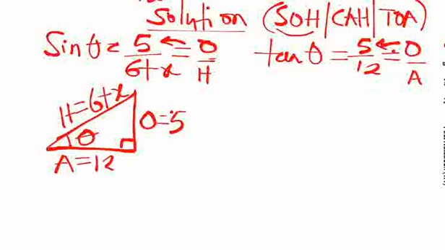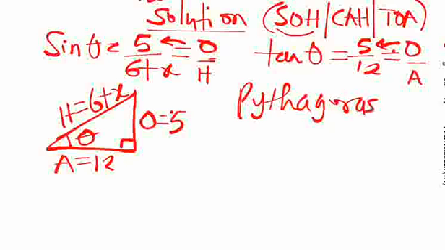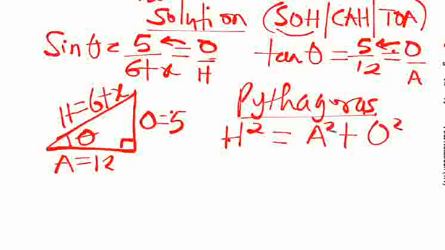Now let's use our Pythagoras to find the value of x. From our Pythagoras theorem, we know that the square of the hypotenuse is equal to the sum of the square of the opposite and that of the adjacent. Our hypotenuse is 6 plus x. Bringing that in here, we have 6 plus x, which is going to be squared.